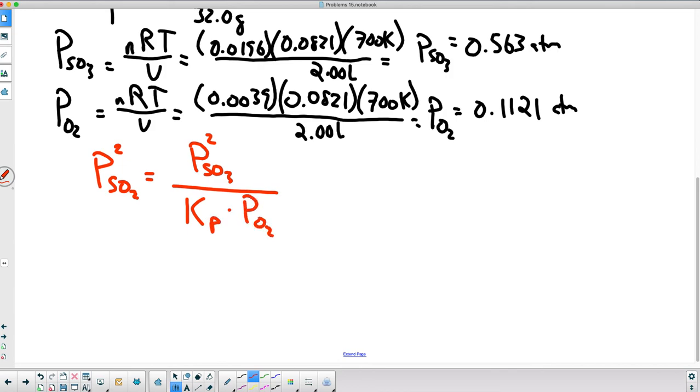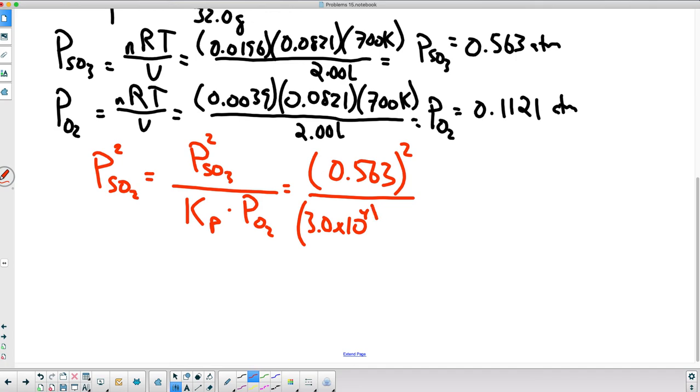All I have to do then is plug in all of this stuff: 0.563, that's atmospheres, and that is squared. And then this one is 3.0 times 10 to the 4th, which is not squared, and that is times 0.1121, which is not squared.